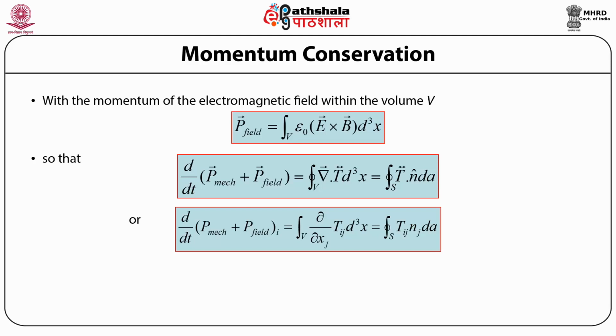And with this definition of the momentum of the electromagnetic field within the volume V, we can then combine the two terms to finally give us the expression for the rate of change of total momentum, which is given by the time derivative of the bracket, the mechanical momentum vector P subscript mech plus the momentum due to the electromagnetic field in the volume V, P vector subscript field, bracket close, and this is equal to the volume integral over d cube x of the divergence of the dyadic Maxwell stress tensor T. And then using the Gauss's divergence theorem, we can convert it into a surface integral.